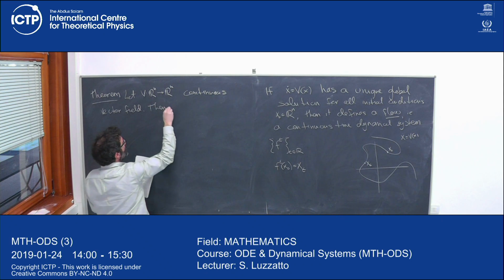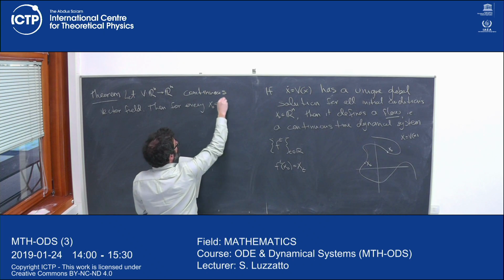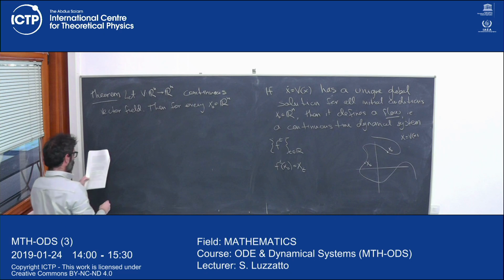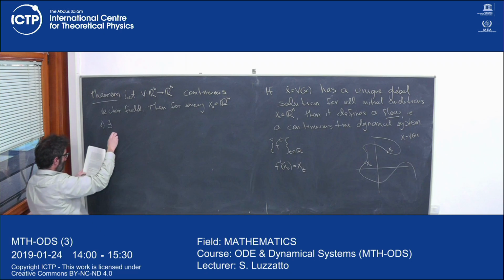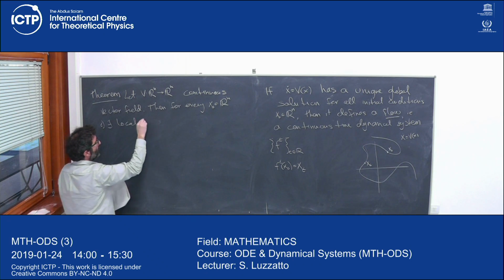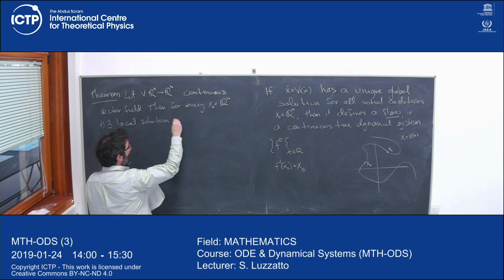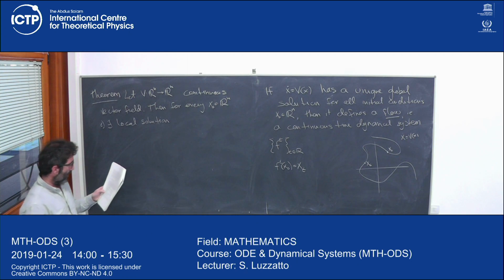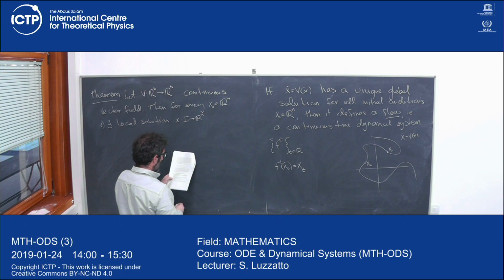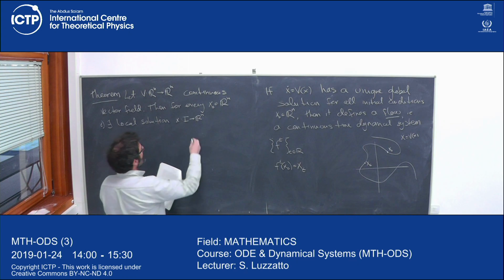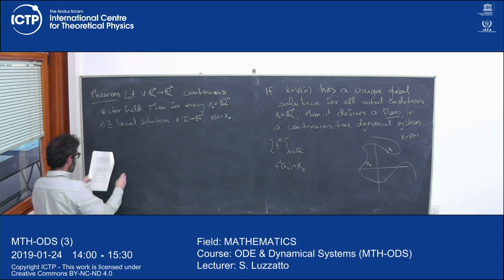Then for every x0 initial condition in R^n, 1, there exists a local solution. By local solution I mean just some interval I, for some interval of time. There exists a local solution x from I into R^n with x(0) equals x0, so for the Cauchy problem.